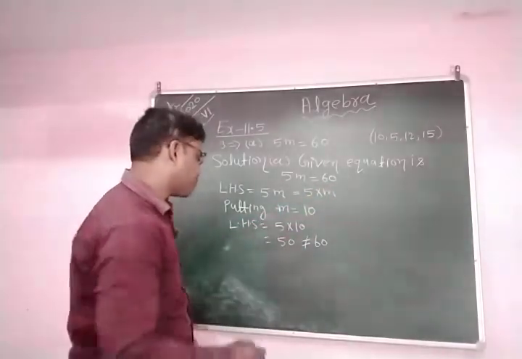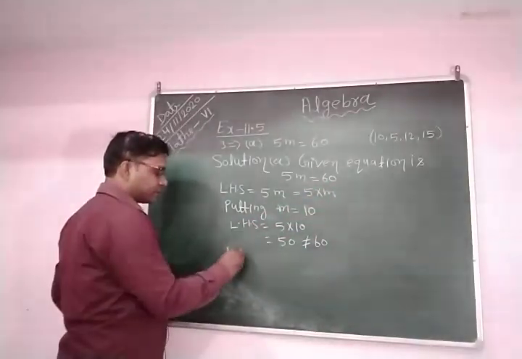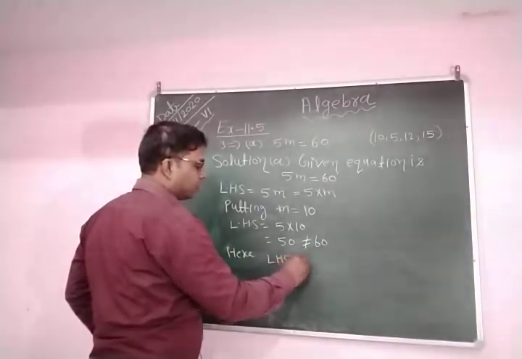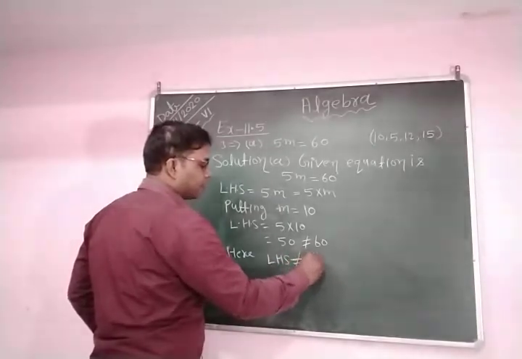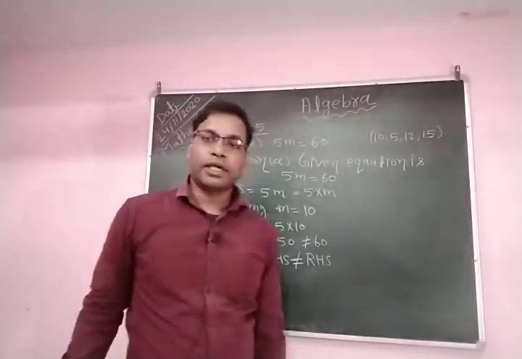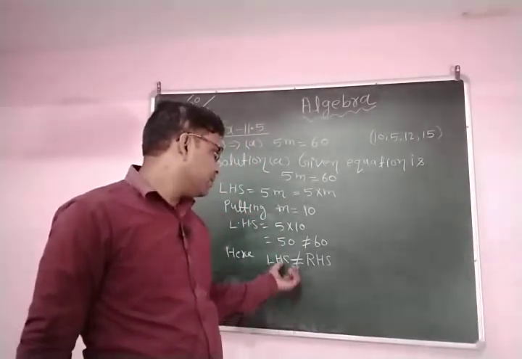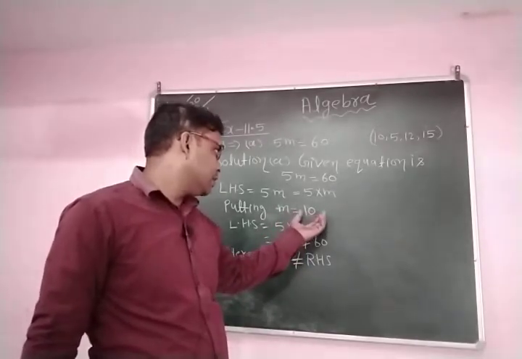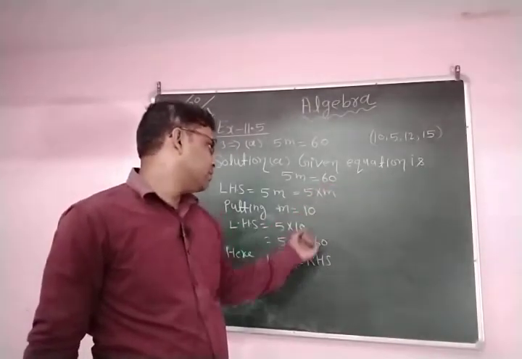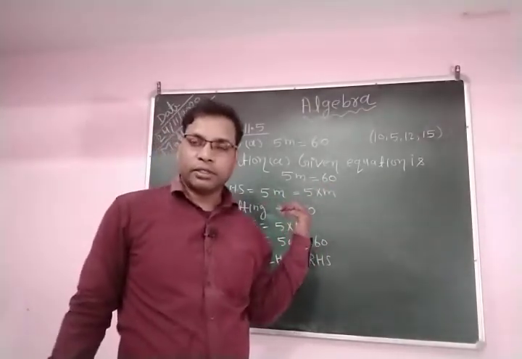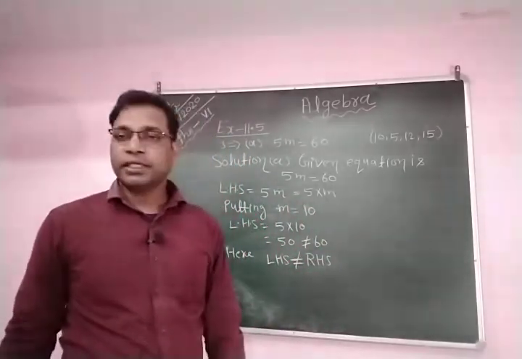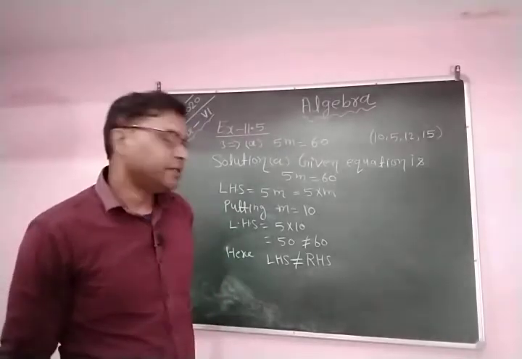Clear? You can see here that the left hand side does not equal the right hand side. Because if you put m = 10, we do not get 60, we obtain 50. 50 does not equal 60. So you can write: left hand side is not equal to right hand side.